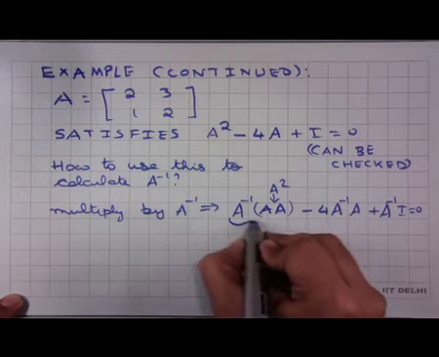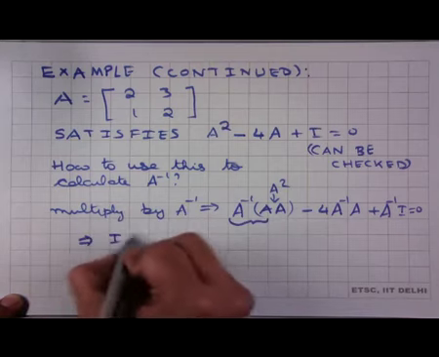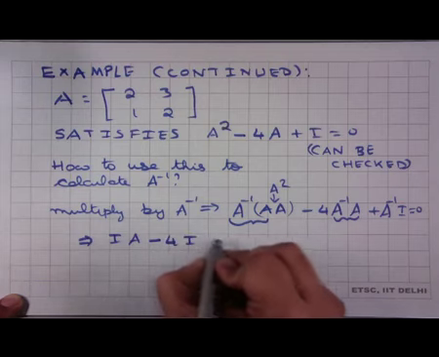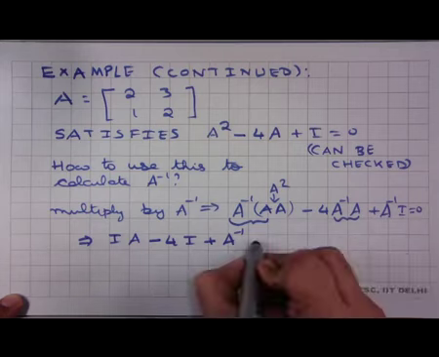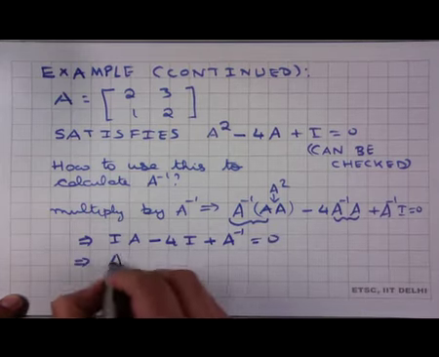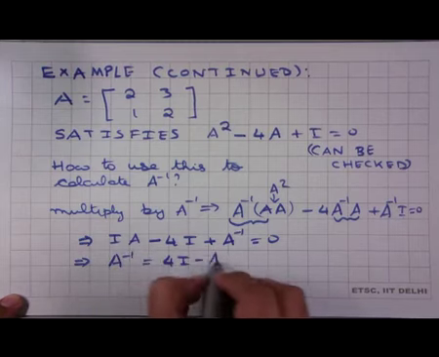A inverse times A is identity, so this is identity times A. So, minus 4I plus A inverse, because identity times any matrix is the matrix itself, or this is A inverse, is equal to 4I minus A.